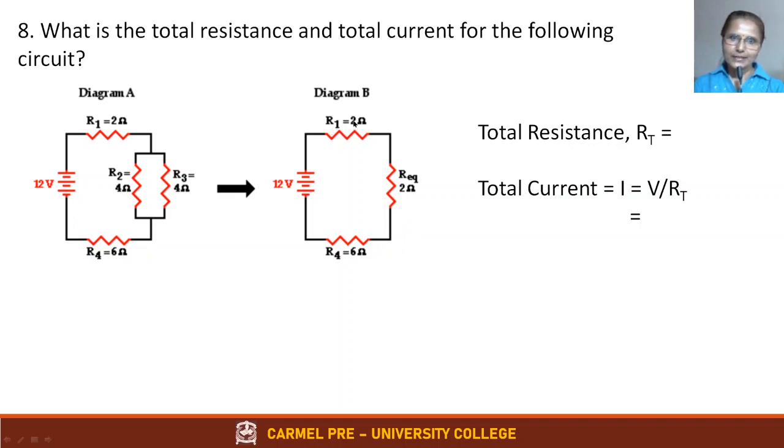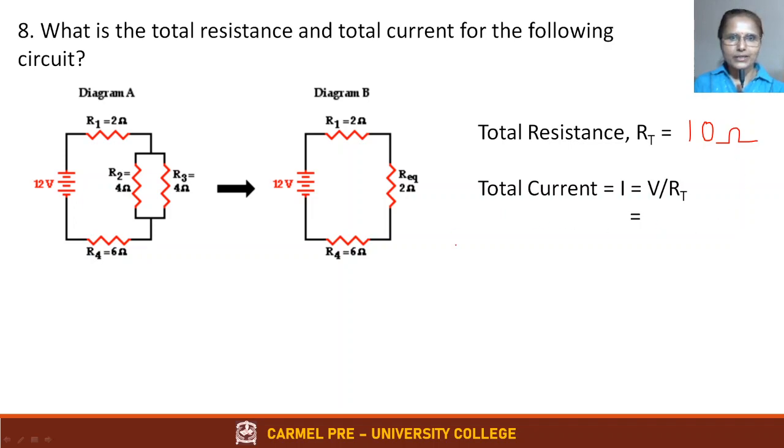So if it becomes 10 ohms connected across 12 volts, what will be the current then? 12 volts divided by 10 is the current. Shall we write it down? Let me take a pen. Then total resistance in our case is going to be 10 ohms.